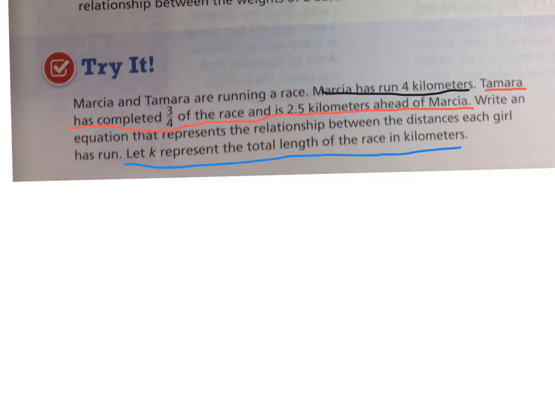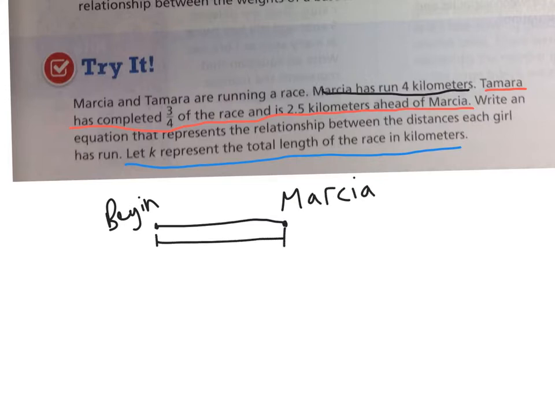So a problem like this, if we draw a picture, might help us to visualize what's happening a little bit. So if this is the beginning of the race, here's Marcia, and she's run 4 kilometers. Not finished yet.